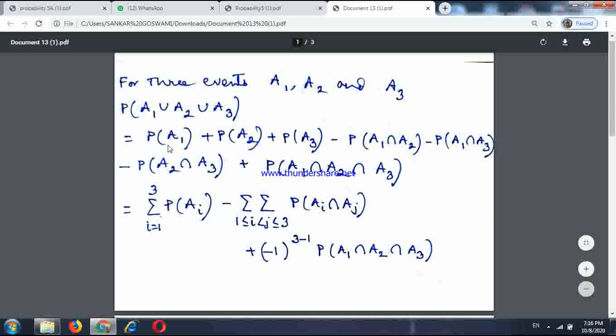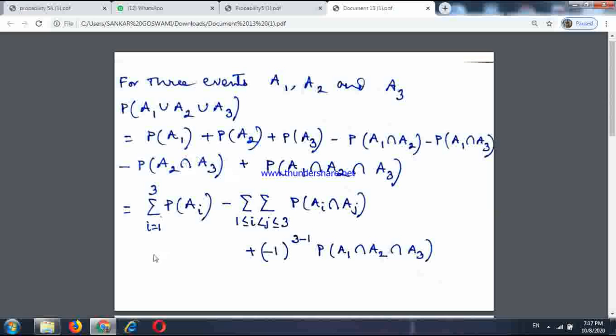You see, the sign actually changes from plus to minus. How? Whenever we consider a single event, we have the positive sign. Then for a compound event, I mean for two events, we have the negative sign. Again, for three events, we have the positive sign.